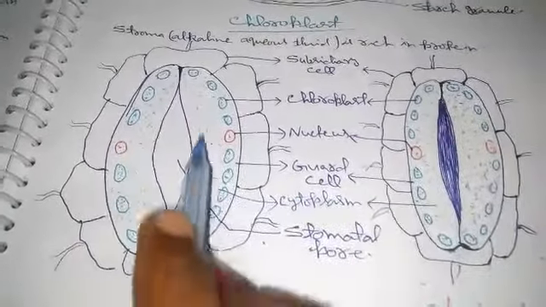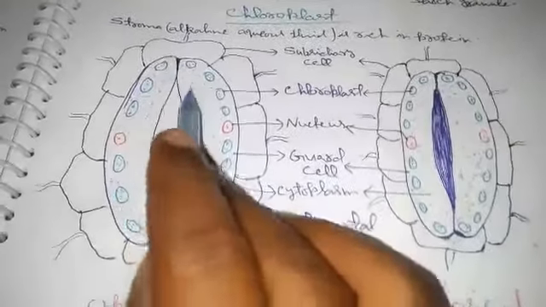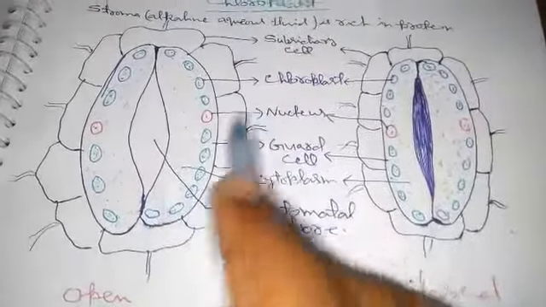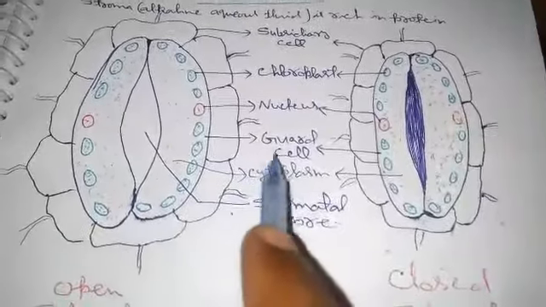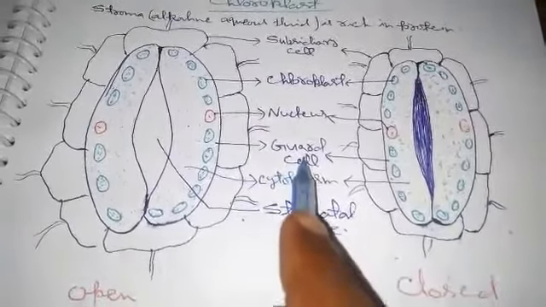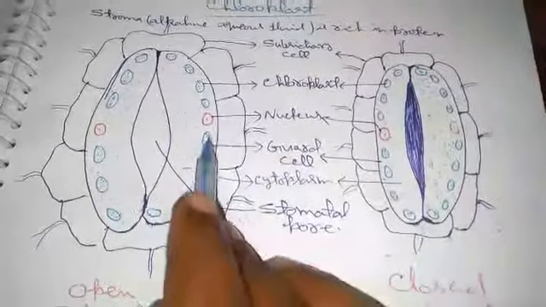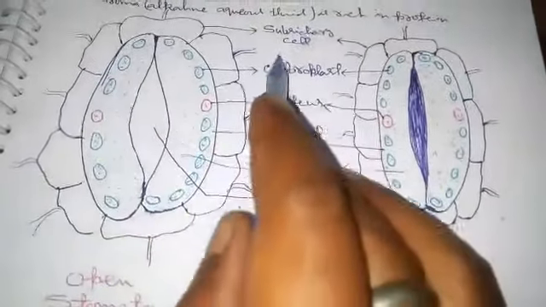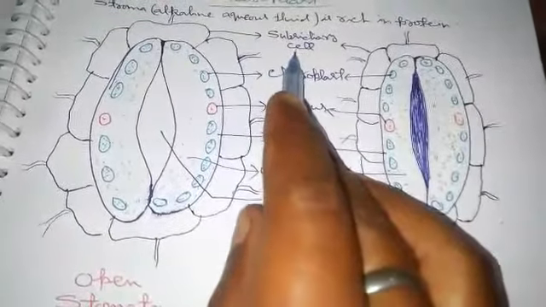The structure of stomata is this bean-shaped structure called guard cell, and outside the guard cell, this structure is called subsidiary cell.